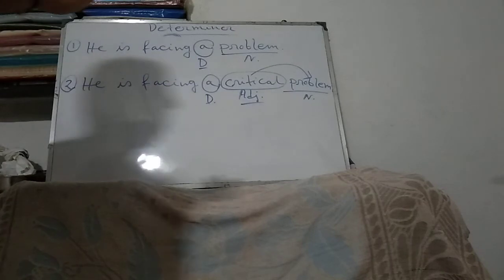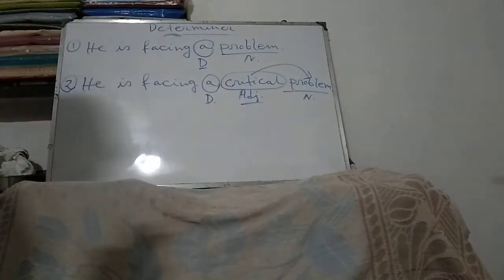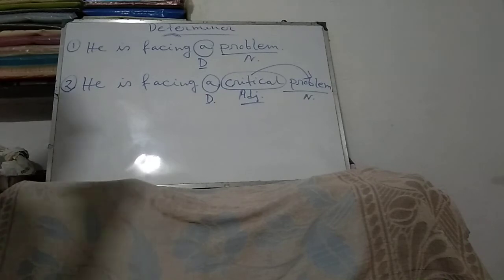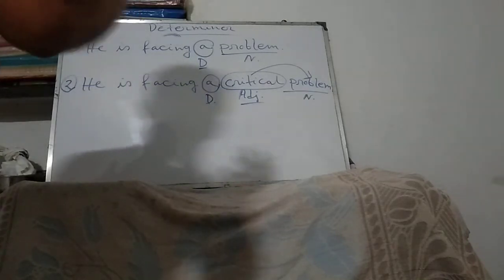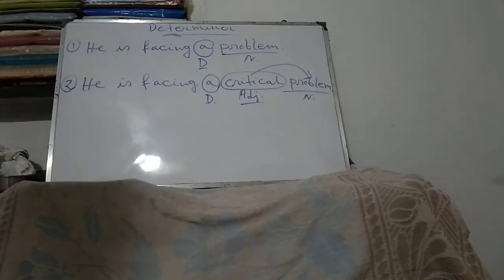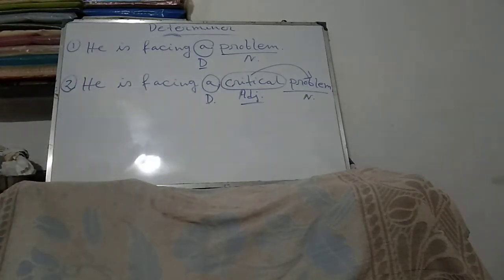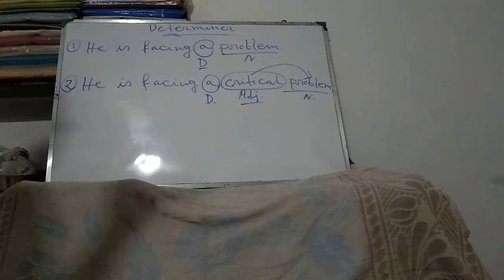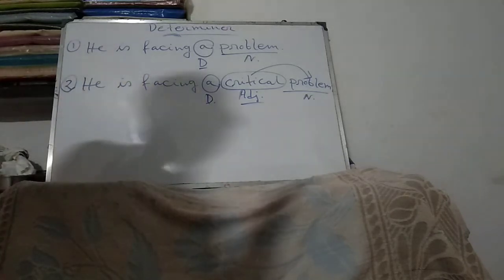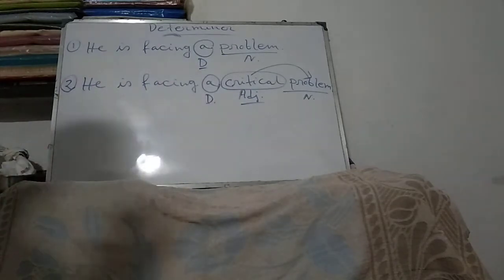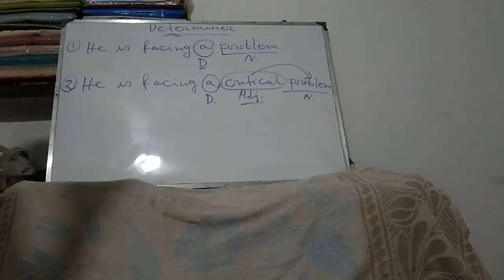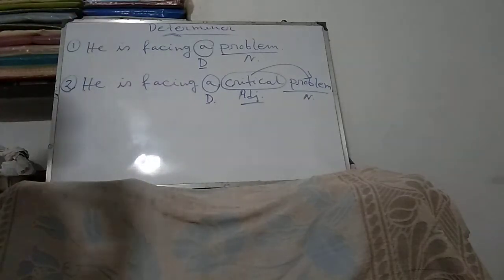Though some adjectives are included in the determiner section, and in some grammar books determiner is also included in parts of speech, and in some grammar books determiner is not called a part of speech. I am not going to that debate.